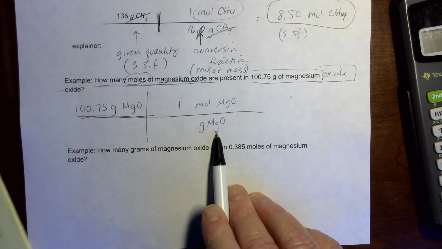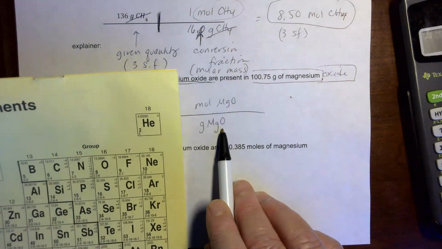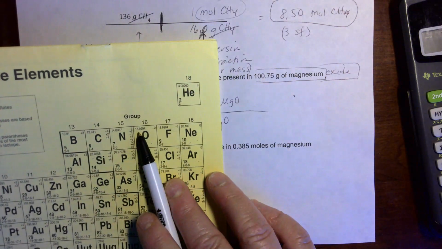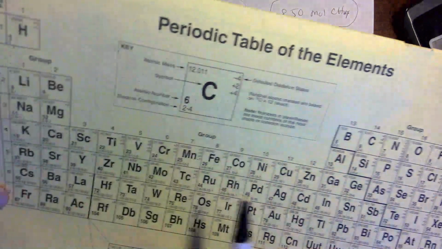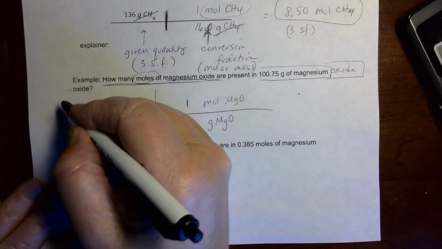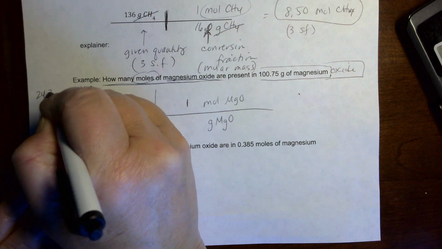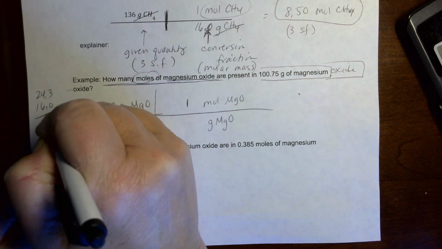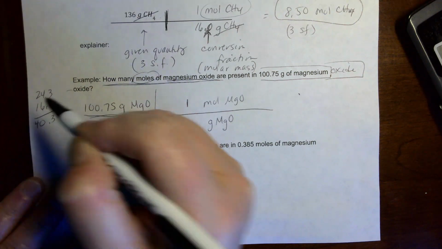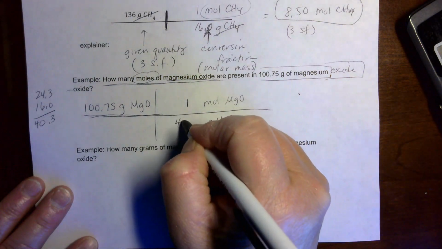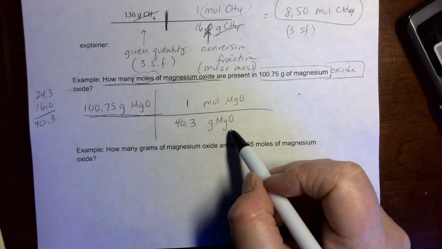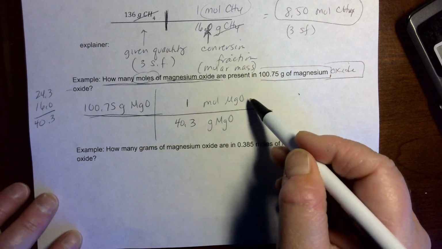We need to figure out magnesium's mass and oxygen's mass. Oxygen is 16.0, magnesium is 24.3. So I'm going to do a little side calculation, 24.3 plus 16.0, and this comes out to 40.3. So 40.3 grams of magnesium oxide is in 1 mole of magnesium oxide.